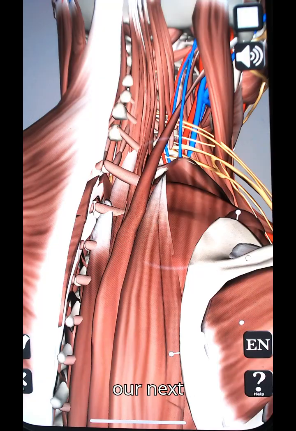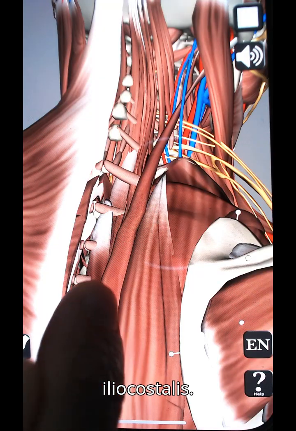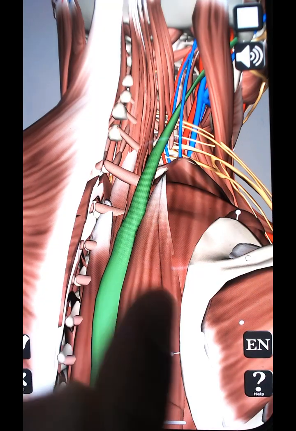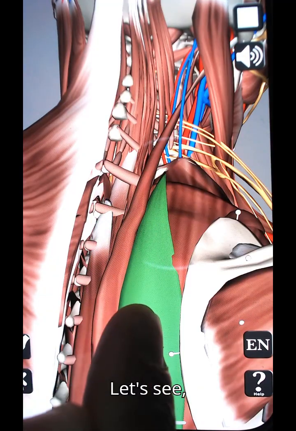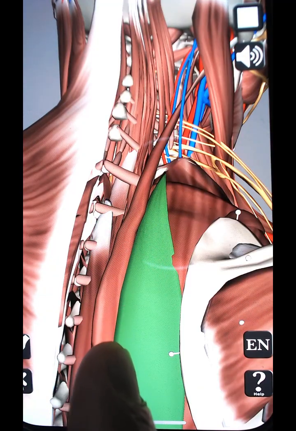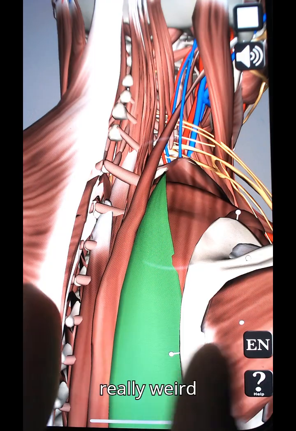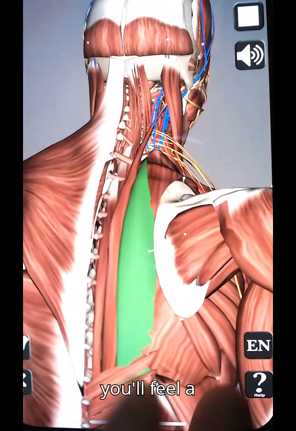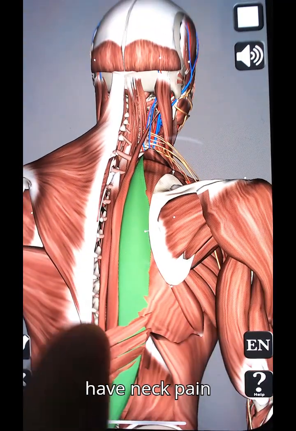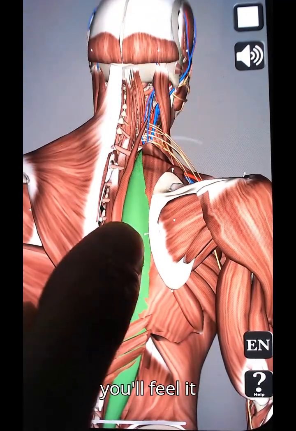Now, our next muscle, iliocostalis. That's longissimus actually. Let's see. Iliocostalis, it's not attached to the neck. It doesn't originate at the neck. But it's one of these really weird muscles that you'll feel a lot of the times when you have neck pain, and you'll feel it right about there.